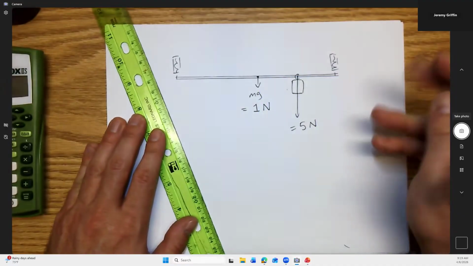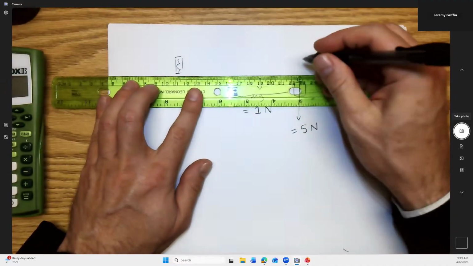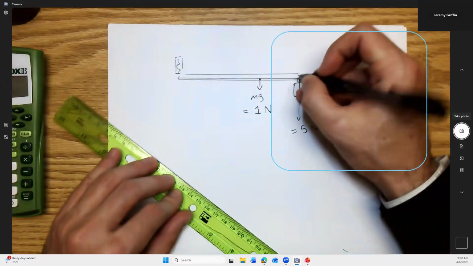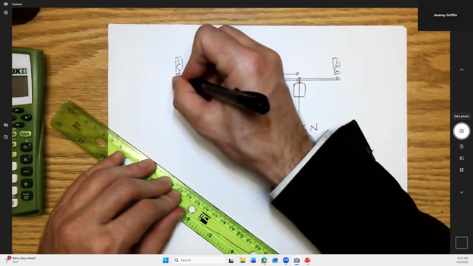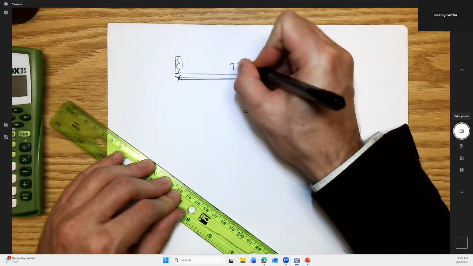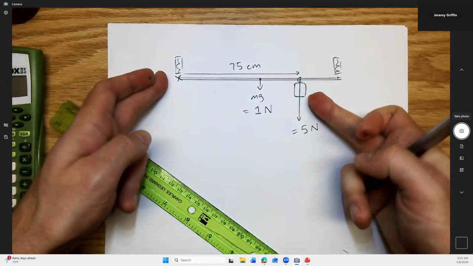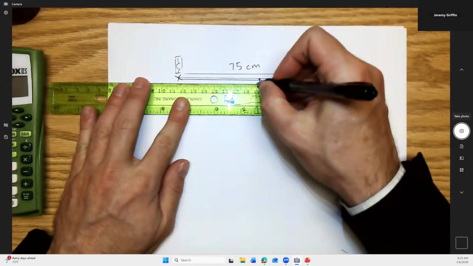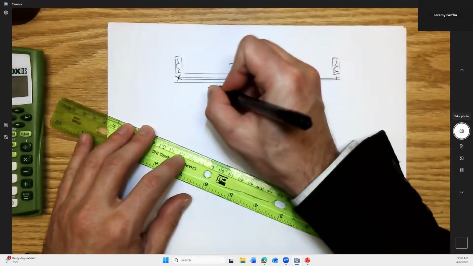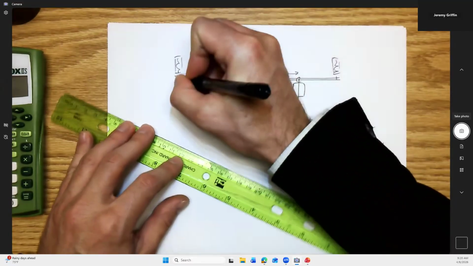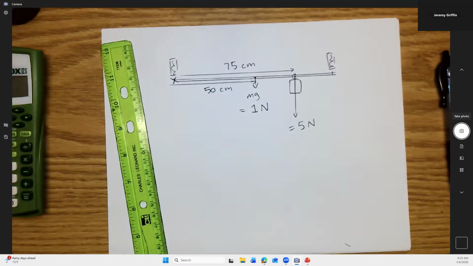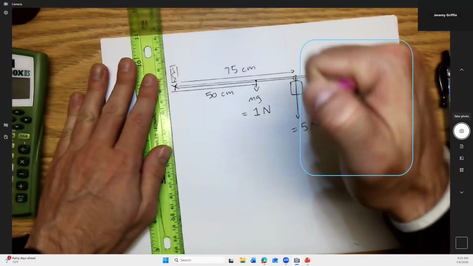Let's do that. And let's put this at, well, my picture is showing about, relative to the left point, guys, could that be 75 centimeters? So that was about 75 centimeters. Okay. Now let's put this over here at 50 centimeters. Okay.